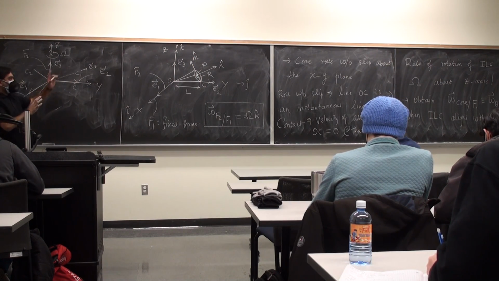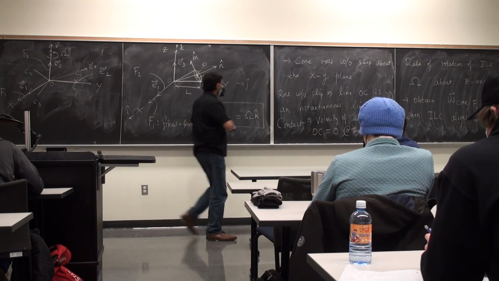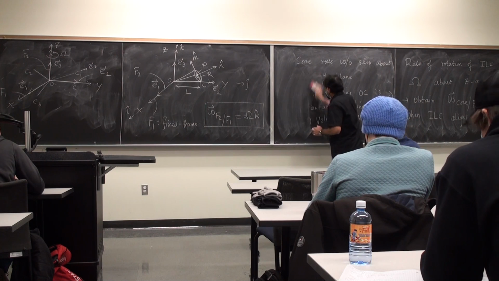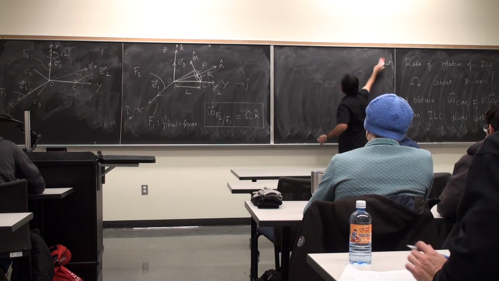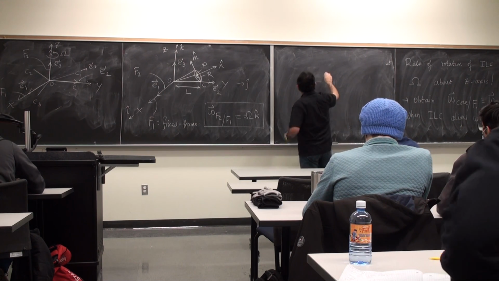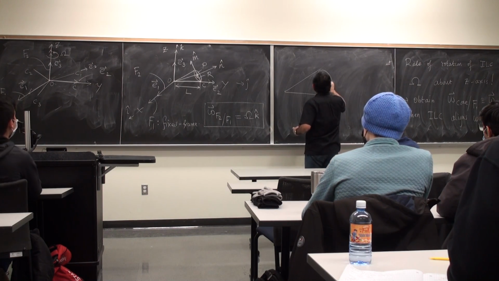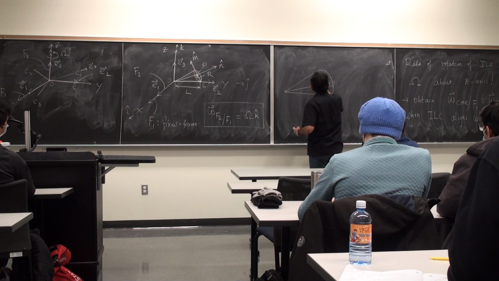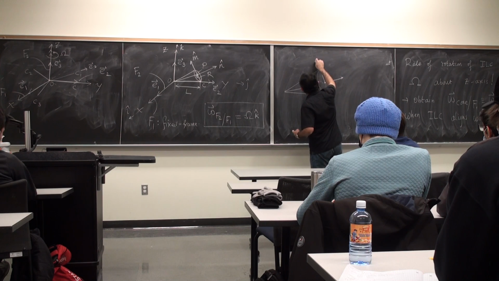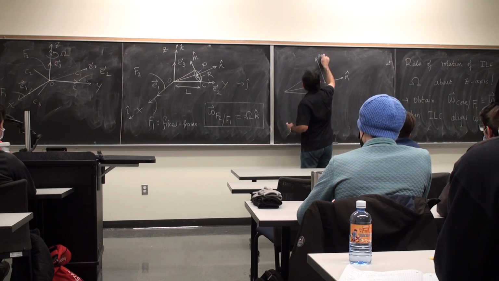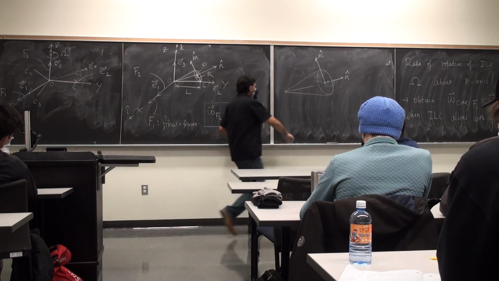N hat is piercing through the radius of the cone, and I'll maybe draw a better picture here. N hat and m hat. So n hat is, maybe I should draw these dotted lines.